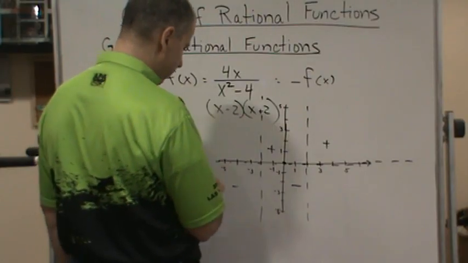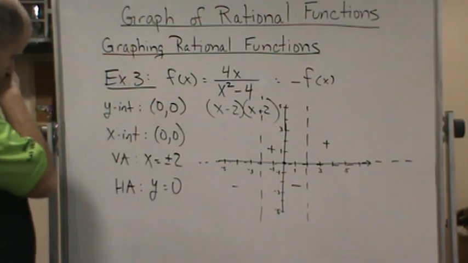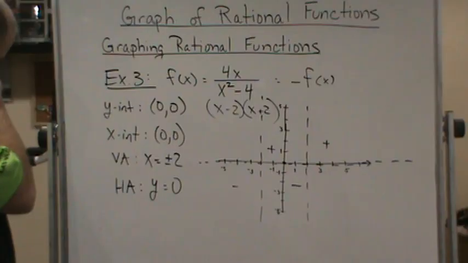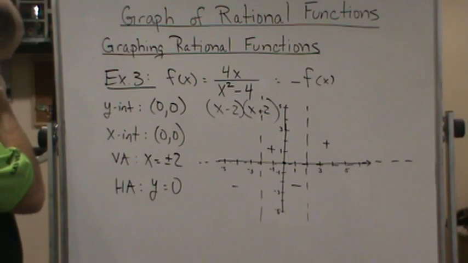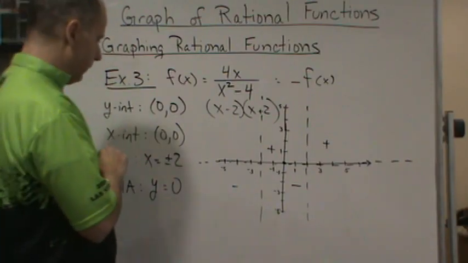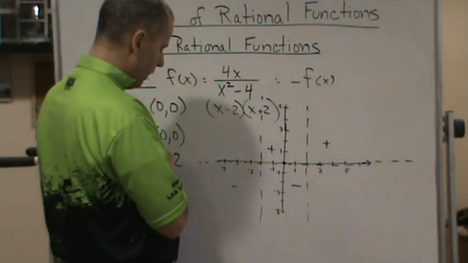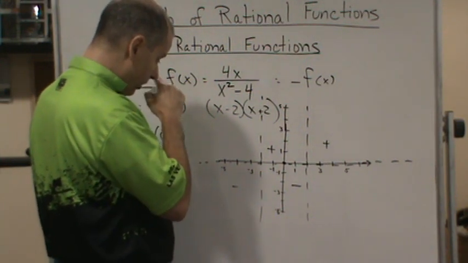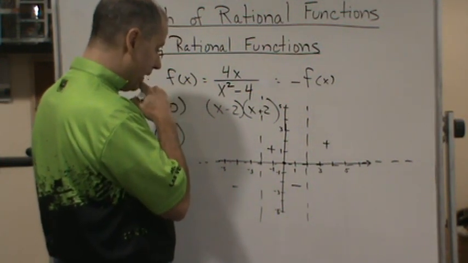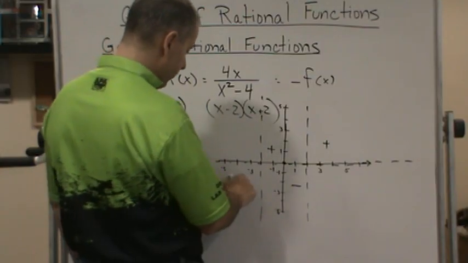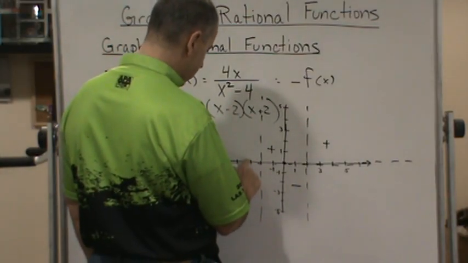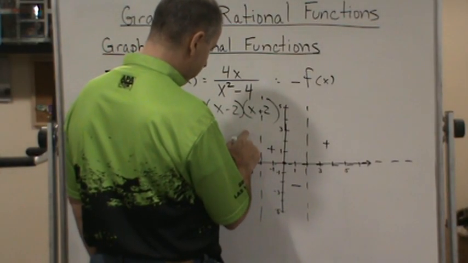So -12 fifths. So if we're at negative 3, it's going to be negative 12/5.